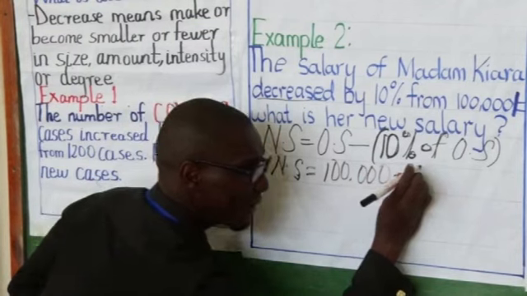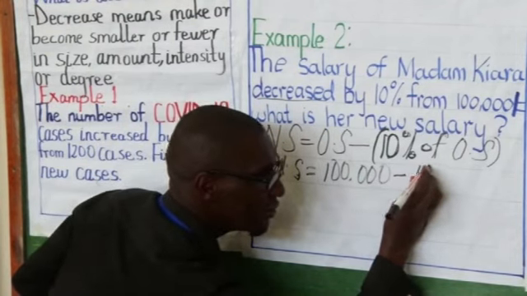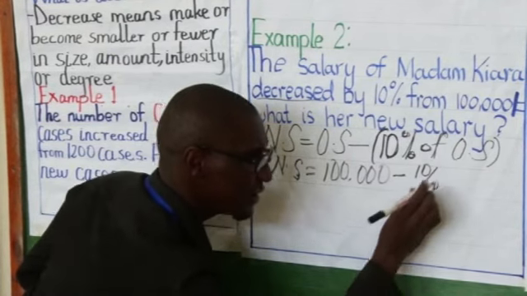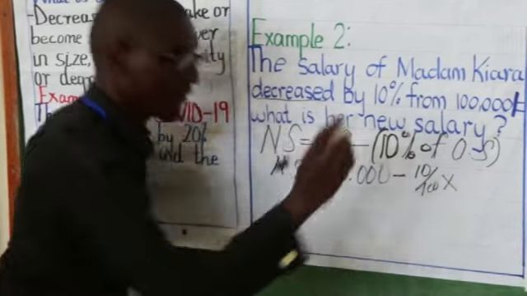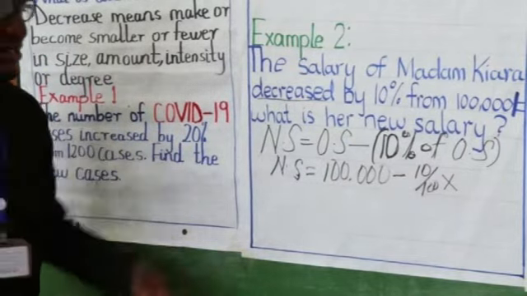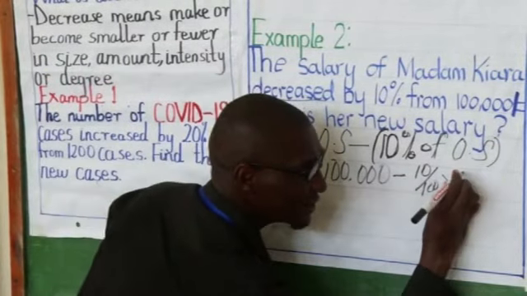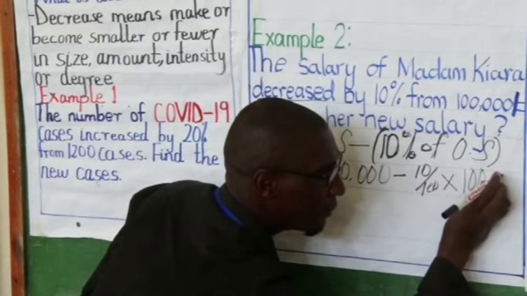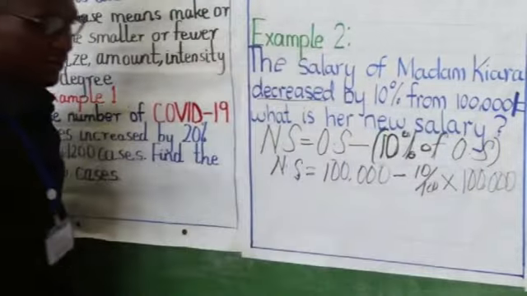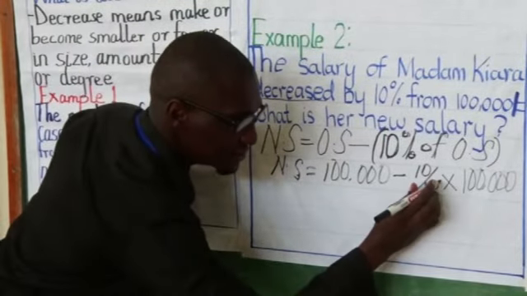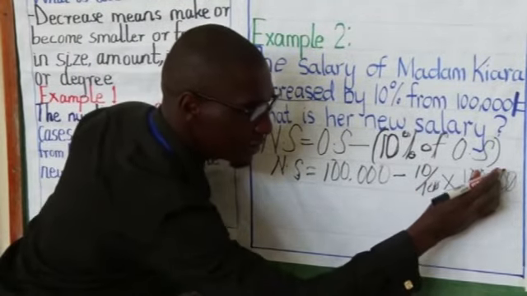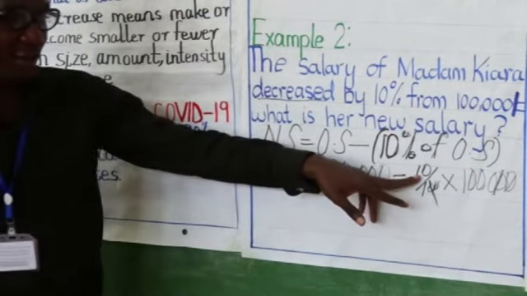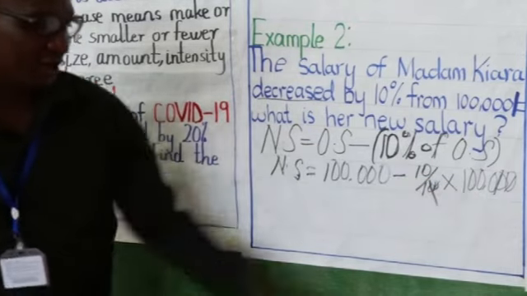We take 10 over 100, which means percent, multiplied by the same old salary, which is 100,000 still. So you can simplify the zeros. Now remain with 10 multiplied by 1,000.